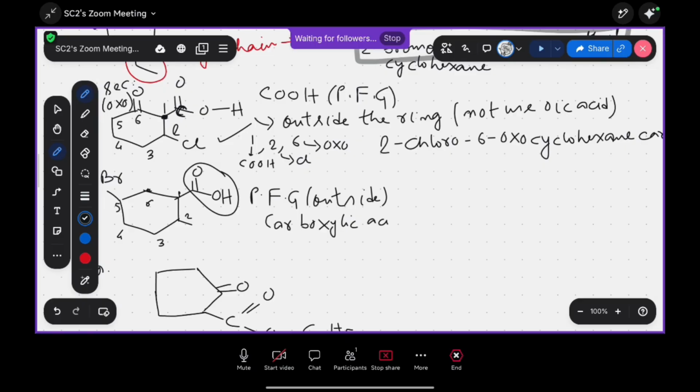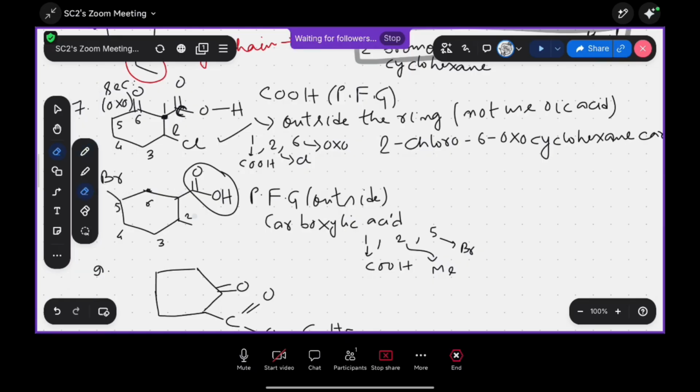Numbering from the other side, 1, 2, 3, 4, 5, 6, the locant comes at position 1 for our carboxylic acid group, then at position 2 the methyl group, and at position 5 the bromine atom. And if you number from the opposite way, then what do you get?